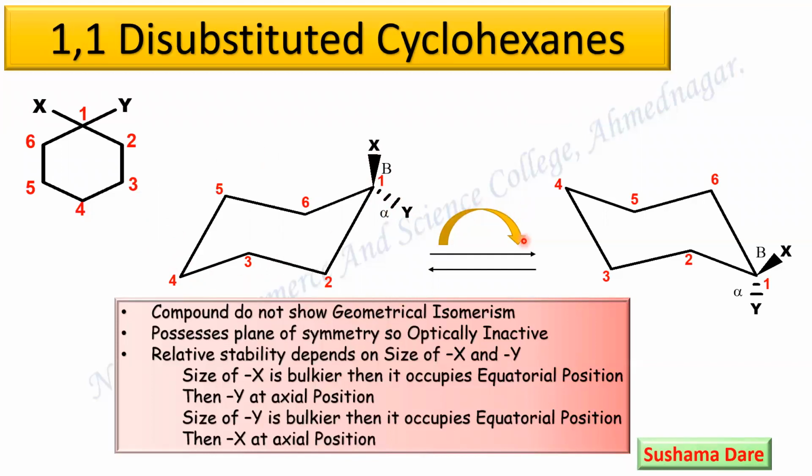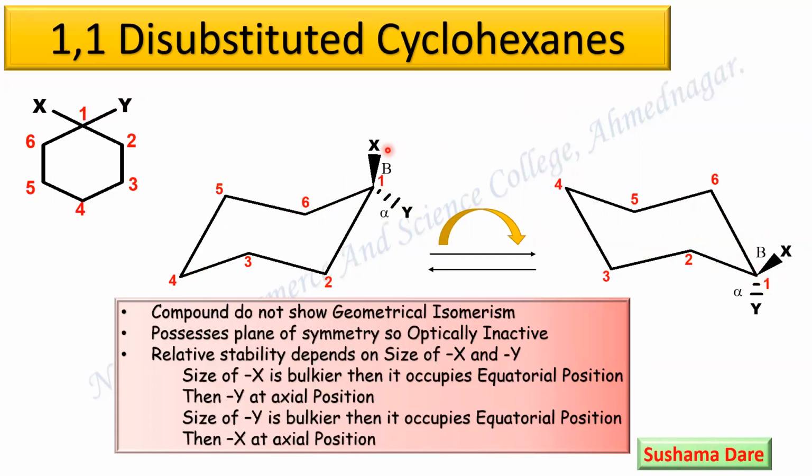Now this is the flip arrow. As you know, the cyclohexane chair ring flips into another chair, and the energy required for flipping one chair into another is readily available at room temperature. Due to flipping, carbon number 1 goes in the downward direction and carbon number 4 goes in the upper direction. That is the flipped structure.